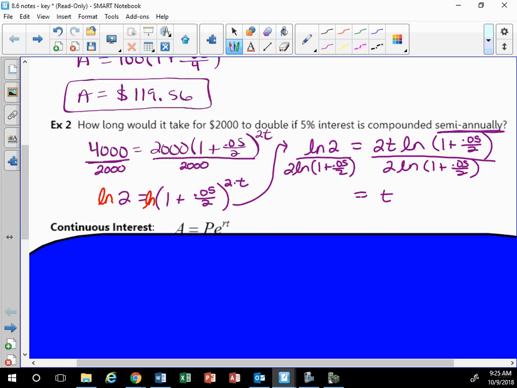You can write the 1 plus 0.05 over 2 as a decimal if you want to. Don't round it though. So if you're using your calculator, you'd want to store that value, okay? So I would just use shortcut key, natural log of 2. Do you guys see the natural log key on the left side? It's right below the log key.